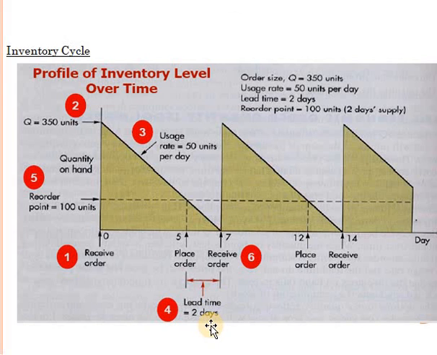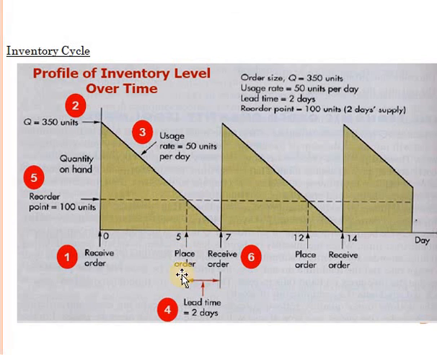Suppose that the lead time is 2 days, so I know that if I make an order, I need 2 days in order to receive it. For those 2 days, I will be consuming 50 units per day, so this means 100 units. So you'll have to know that at point 5, when you reach 100 units in your inventory, you will have to make an order.